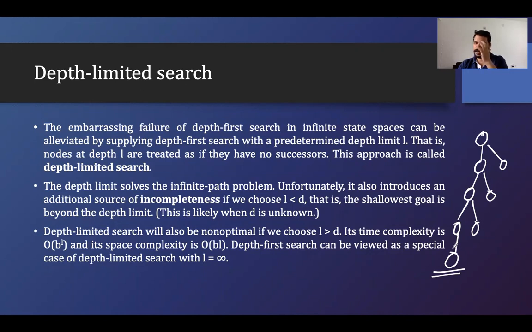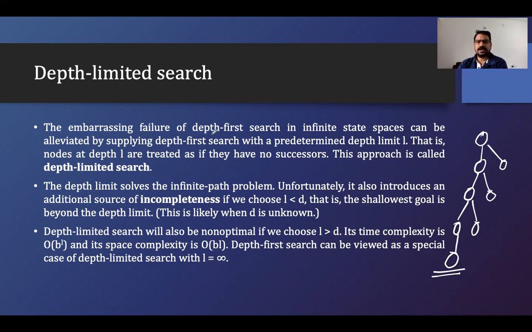Let's say we are limiting up to 5 depth or 4 depth, then that is called depth limit search. So instead of going to the deepest node of the state space diagram, if we go only to a limited depth, that algorithm is called depth limit search.